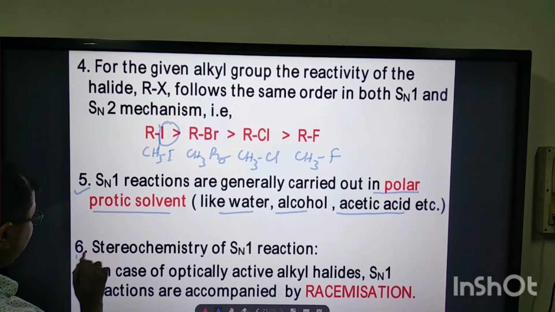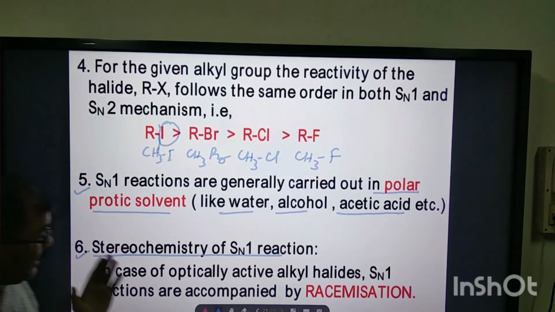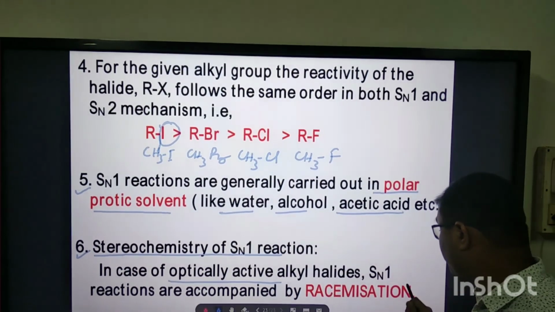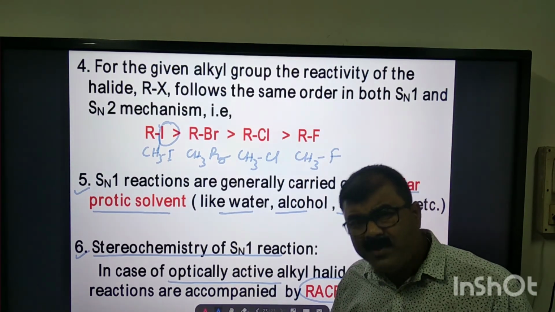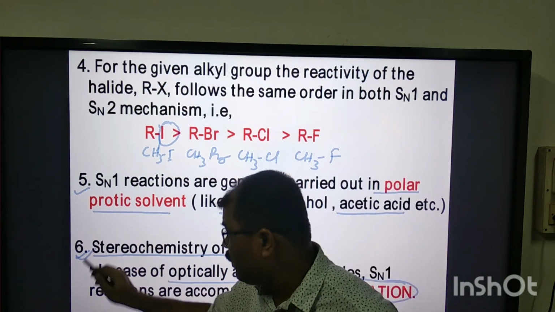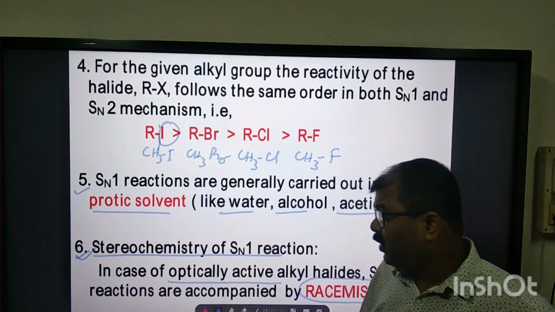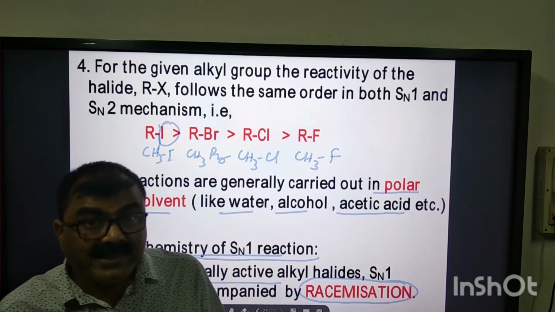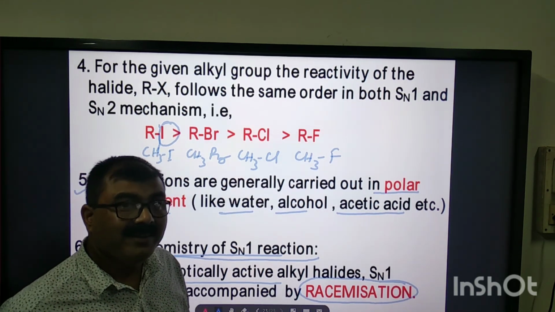Another one is the stereochemistry of the SN1 reaction. In the case of an optically active alkyl halide, SN1 reactions are accompanied by racemization. There are many important terms related to stereochemistry, so for this topic I am going to make another very important video on the stereochemistry of SN1 and SN2 reactions, where we will learn it separately.